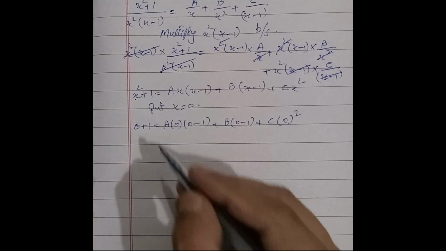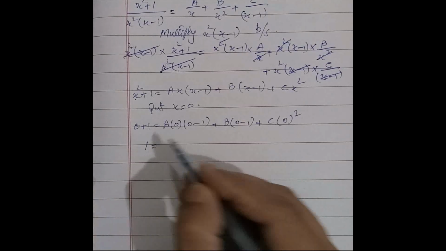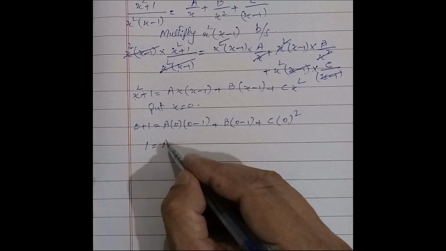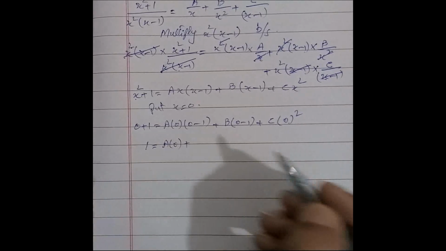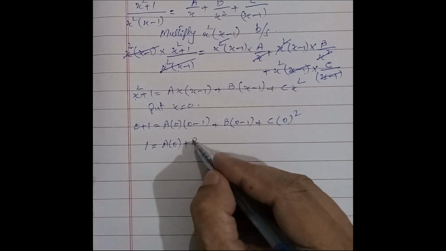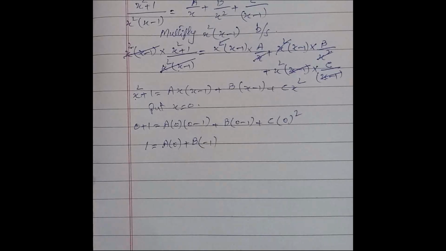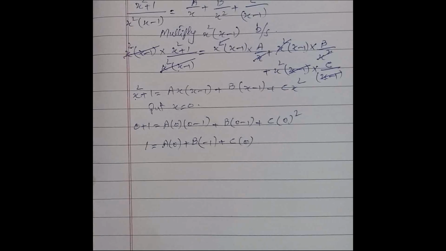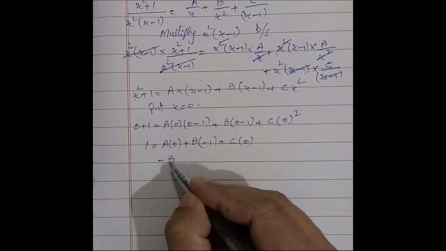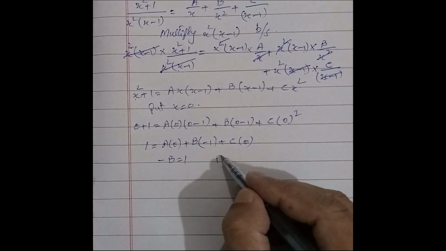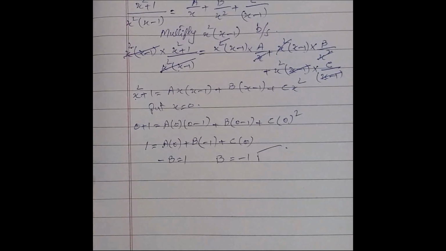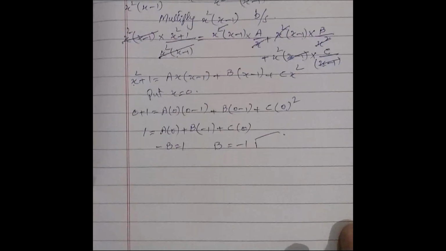Now simplify these values, we get 1 is equal to a into 0 plus b into minus 1 plus c into 0. So minus b is equal to 1 and we get b is equal to minus 1. It is the answer of b.